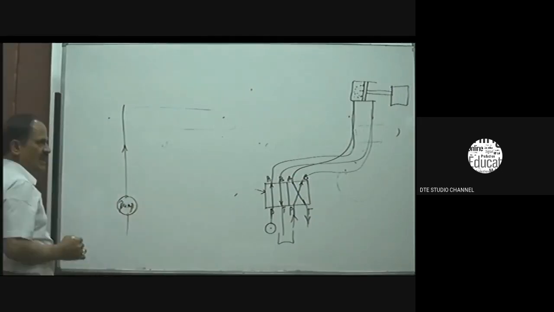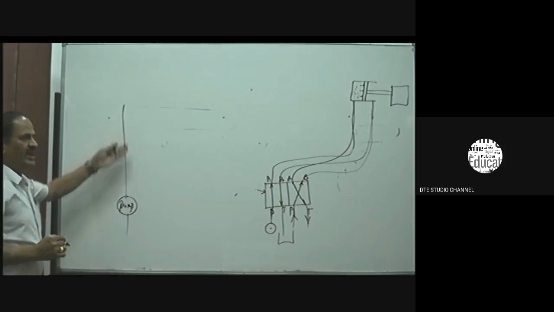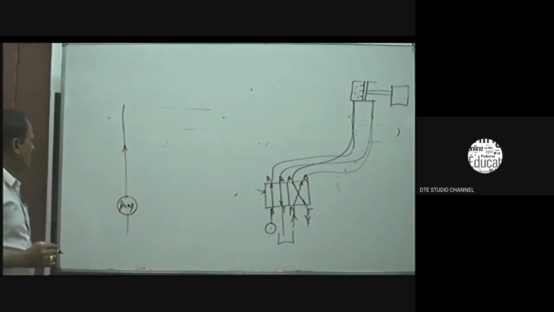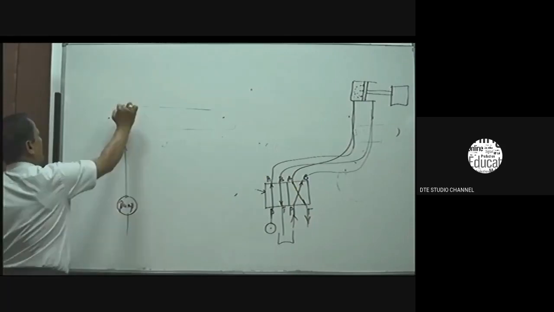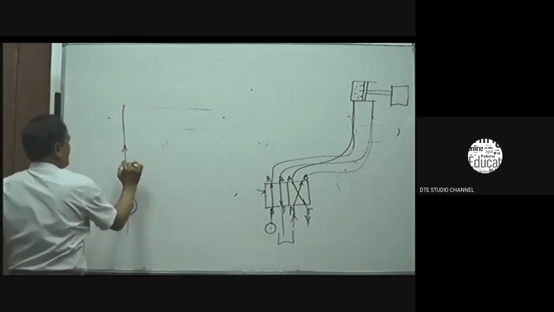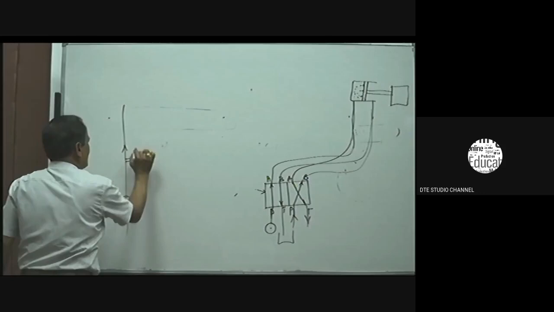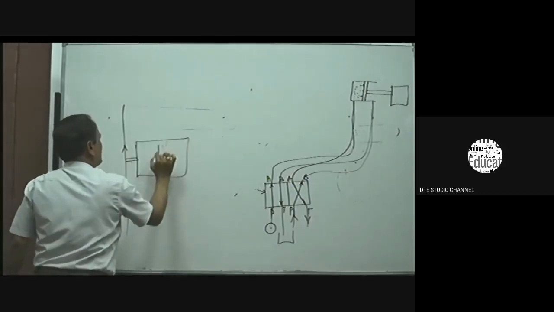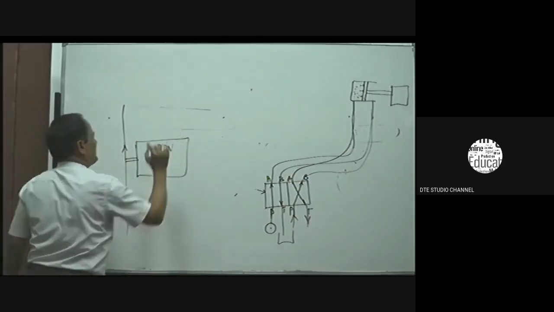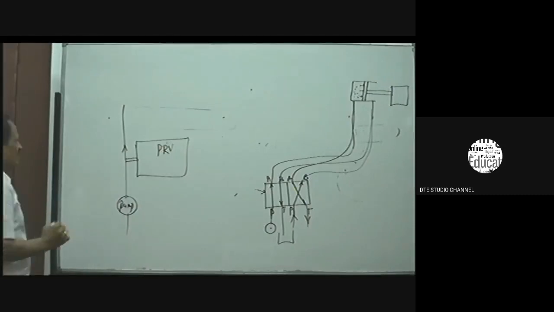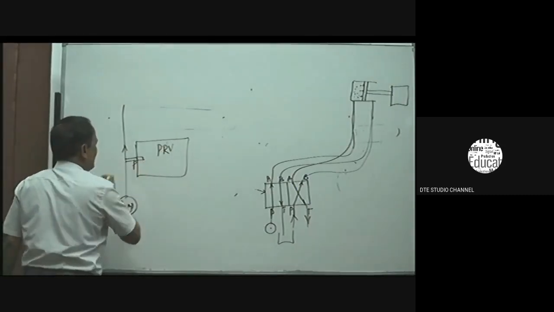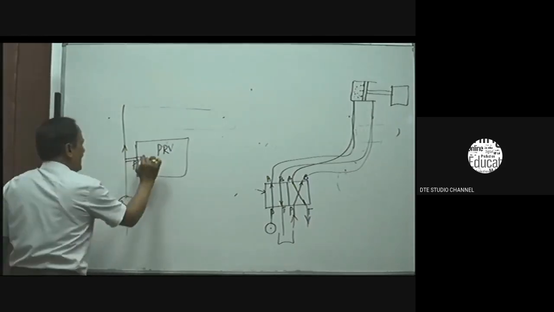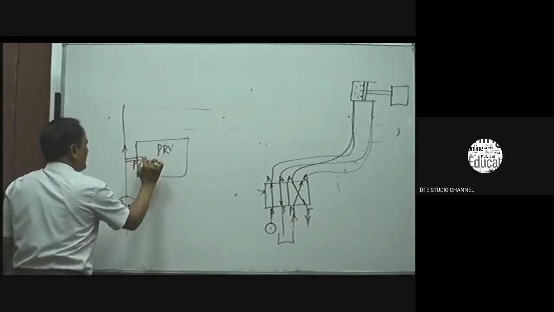As usual, the pump is supplying high pressure fluid, and this is a connection given to the DC valve and actuator. In between this, there is a pressure relief valve. This is PRV, pressure relief valve, and this may be a pump port P, and there is a poppet here.